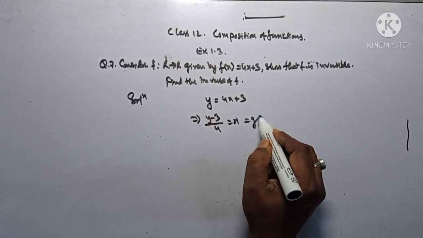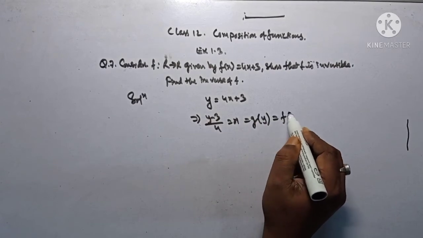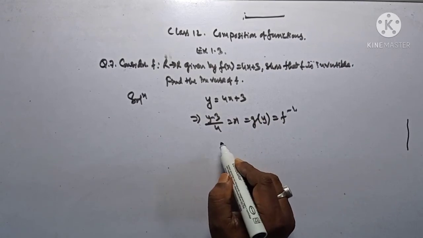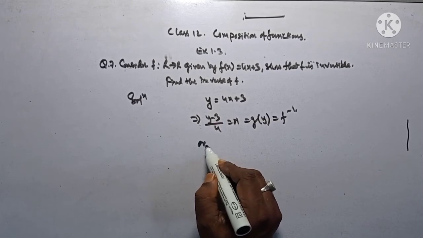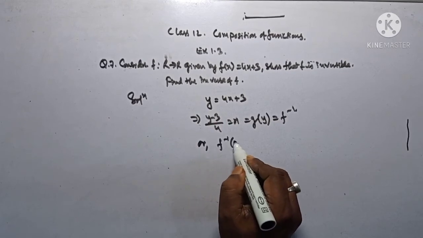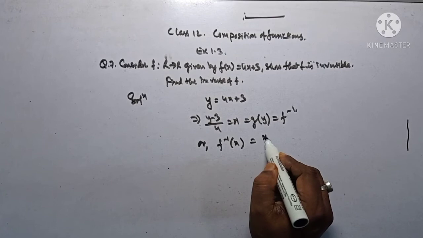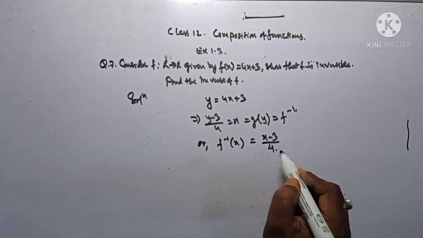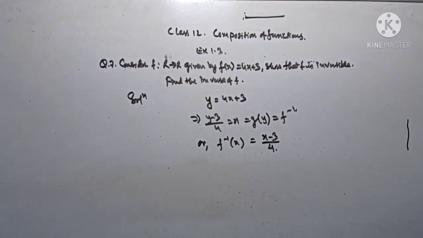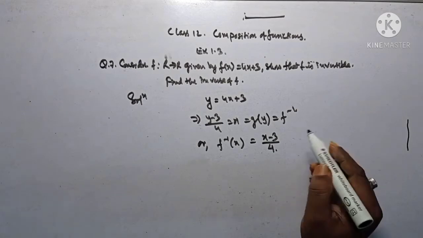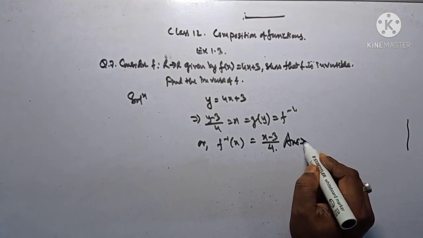This is your g(y), and this is your f inverse. So you can write that f inverse x is equal to x minus 3 by 4. So this is your answer.